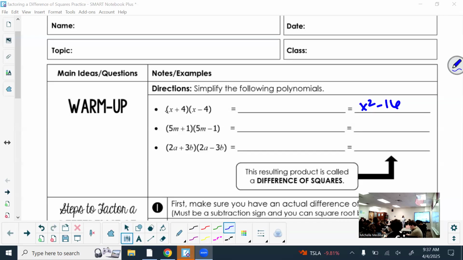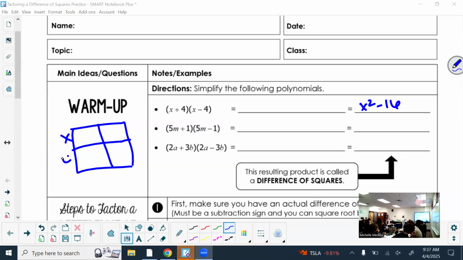You can use an area model, which I think I'll do for this one, but you also could have done the double distributing, the foiling. All you have to do to set up your area model is take one parentheses, put it on one side, separated by the terms, the other parentheses on the other side, separated by the terms, and then find each individual area.